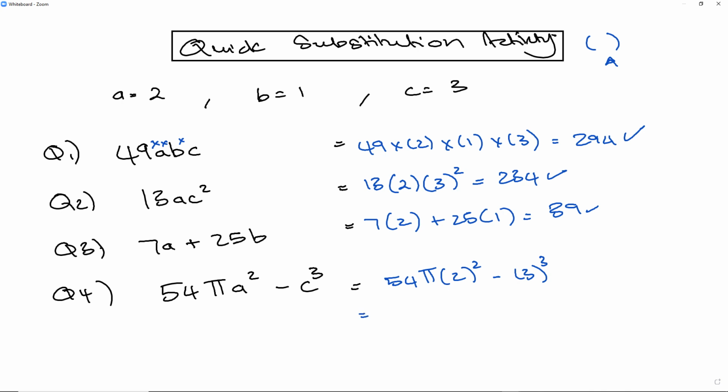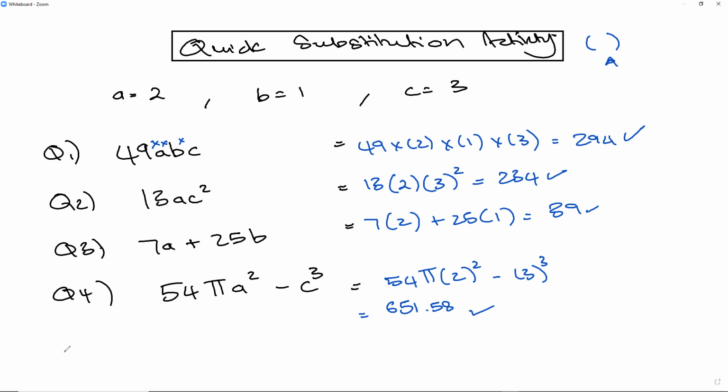So 54 pi times 2 squared minus 3 cubed will come to 651.58. 651.58. No real centimeters or meters squared here. It's just values, right?